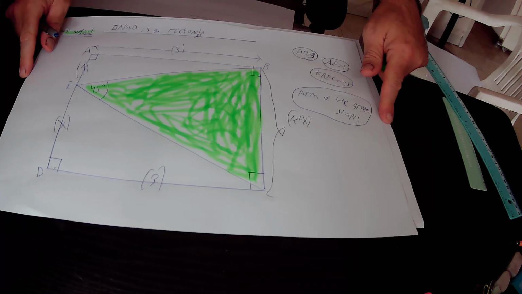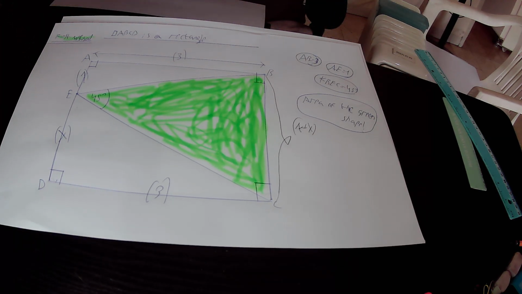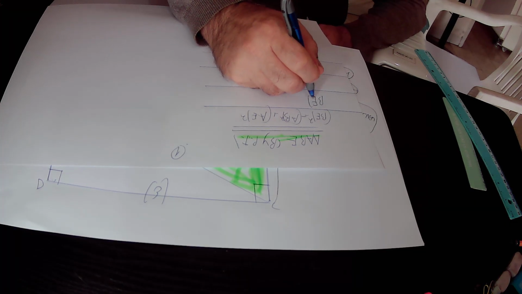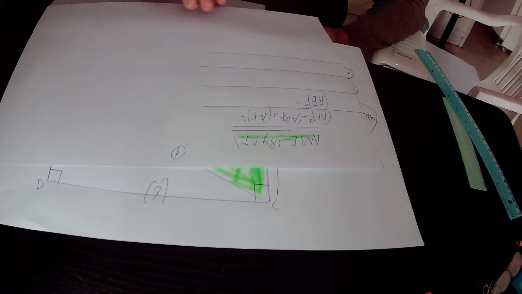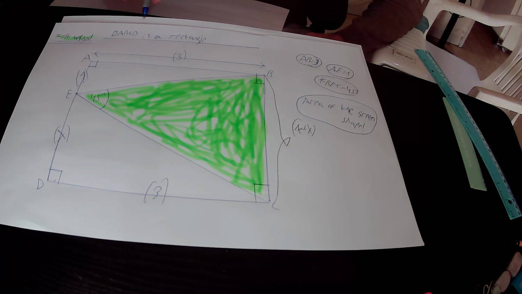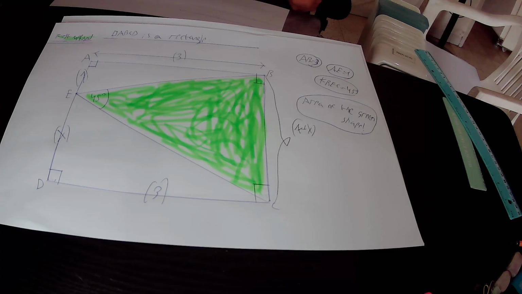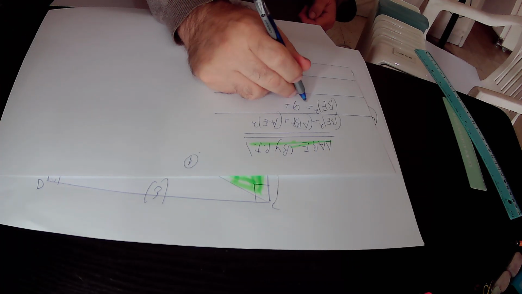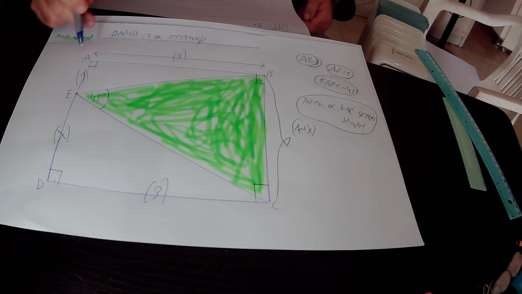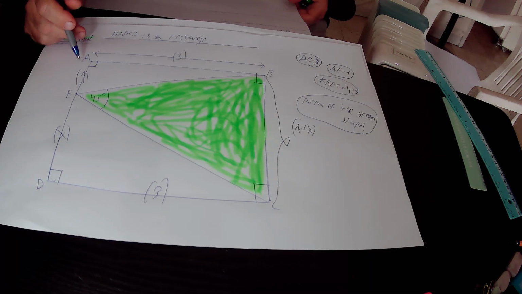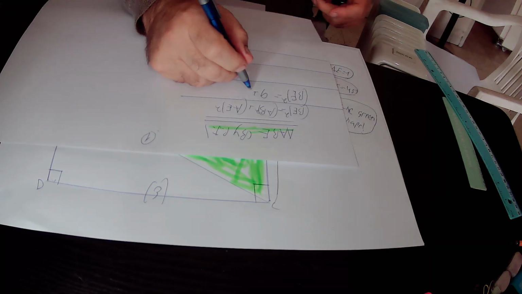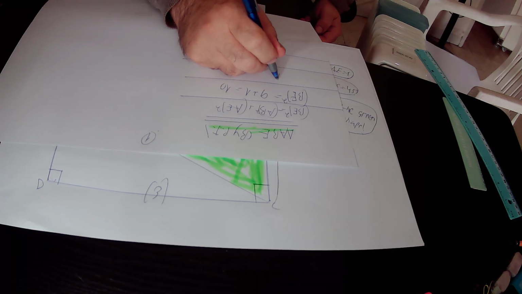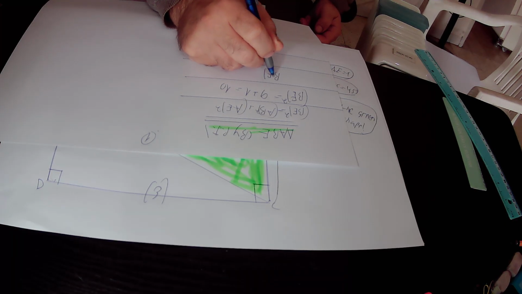BE is the missing hypotenuse, so we leave it as it is, BE squared equals AB squared. AB is 3, therefore AB squared is 3 squared, that is 9, plus AE squared. AE is 1, therefore AE squared is 1 squared, that is 1. So we find that BE squared equals 9 plus 1, that is 10.